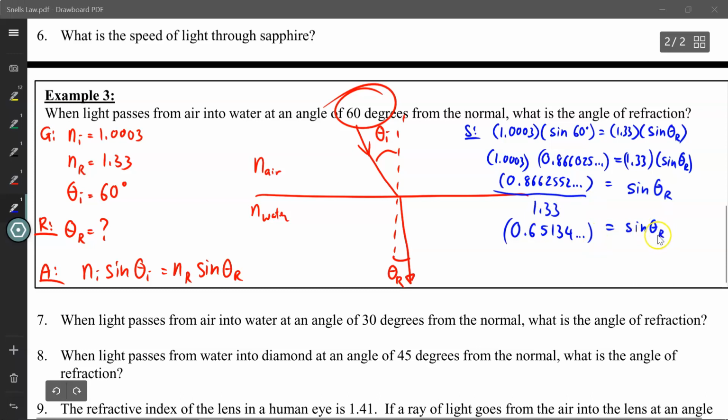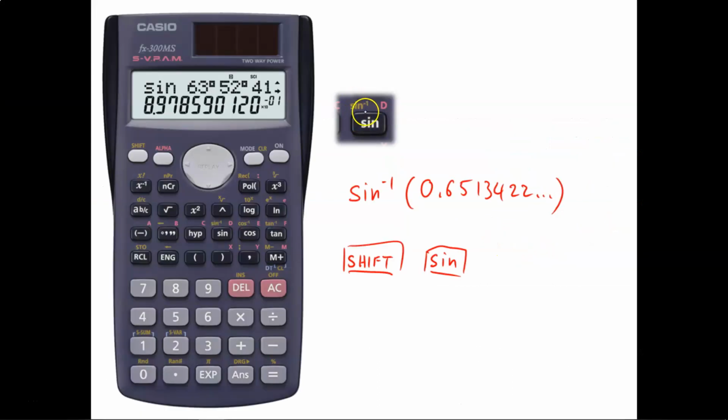Now, I want just theta R, not sine theta R. To get rid of the sine, I have to use inverse sine. But because it's an equal sign, if I inverse sine on this side, I must inverse sine on this side as well. Now, in order to type in inverse sine 0.65134 on your calculator, you should be able to see the inverse sine button next to the actual sine button itself.